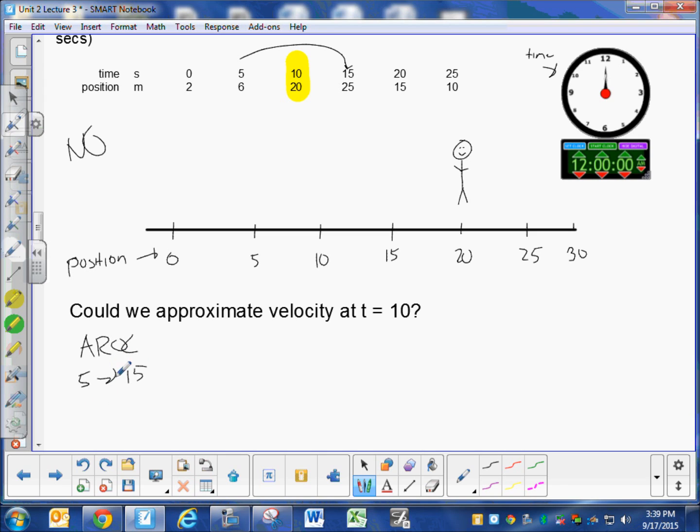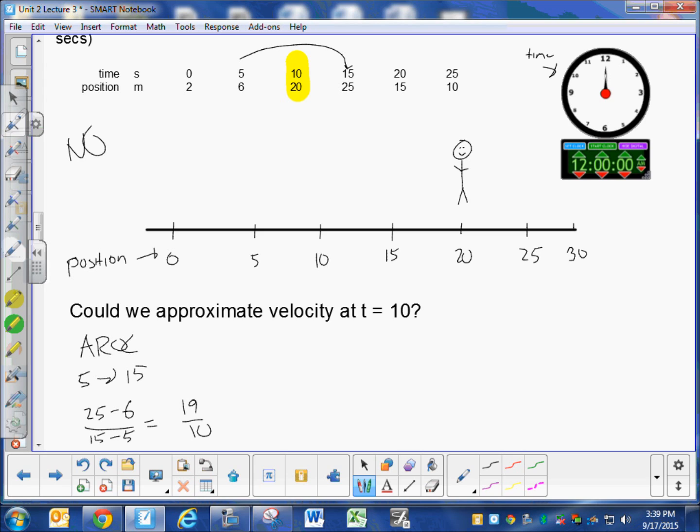So I can just take the average rate of change of this, 25 minus 6, and divide it by 15 minus 5. And I get 19 over 10. Okay? There's an approximation.